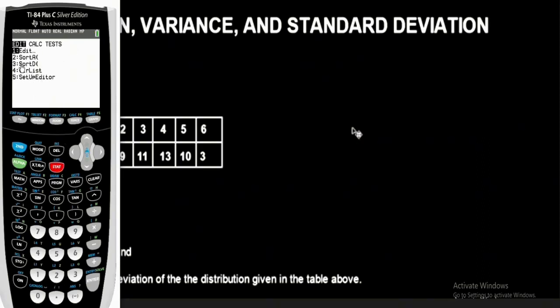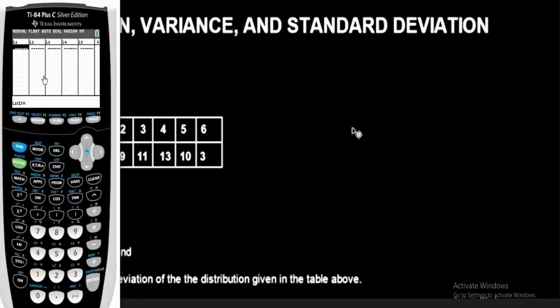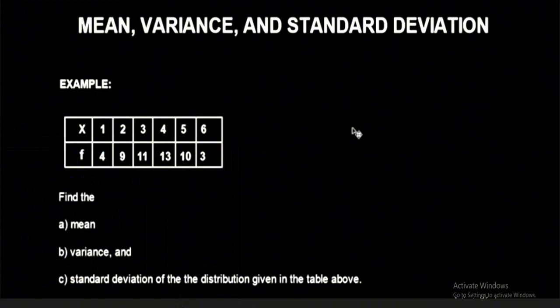You go for option 1 for edit. Alright, so this is the list table. For this question we're going to work with two lists, list 1 and list 2. List 1 will be for our S values, whereas list 2 will be for our frequency values. It's as simple as this guys.